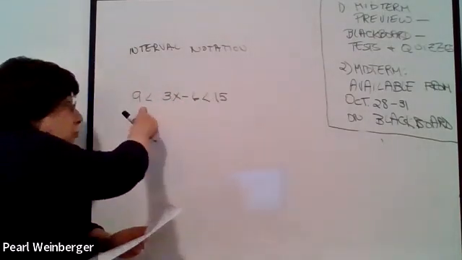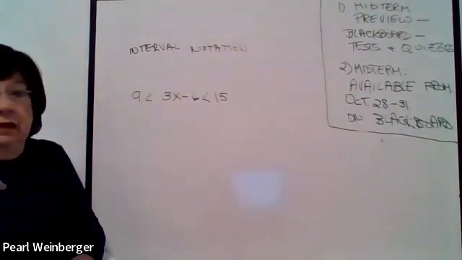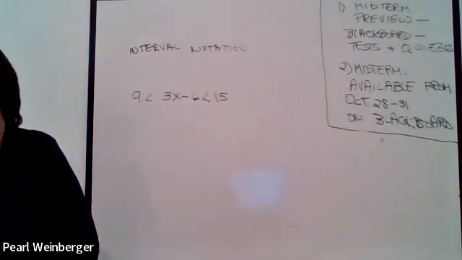Where you have two less than signs in it. It's called a compound inequality. I'm going to give you a minute to try and solve that compound inequality.